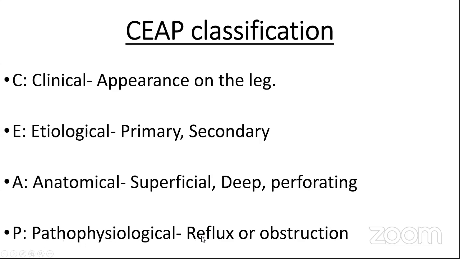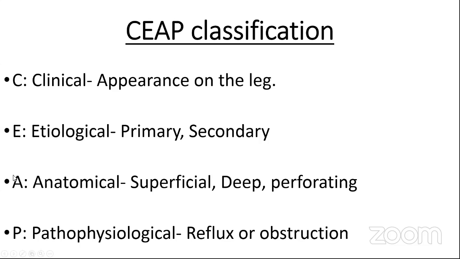P is pathophysiological: whether there is deep venous obstruction, so the veins are distended in the superficial system due to obstruction, or saphenofemoral valve incompetence and reflux of blood, which is usually in varicose veins. So this is the basic classification of venous insufficiency, CEAP: clinical, etiological, anatomical, and pathophysiological.